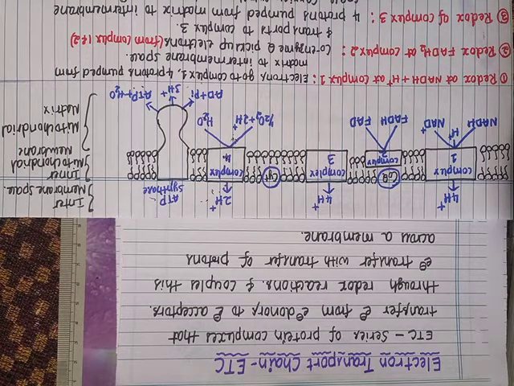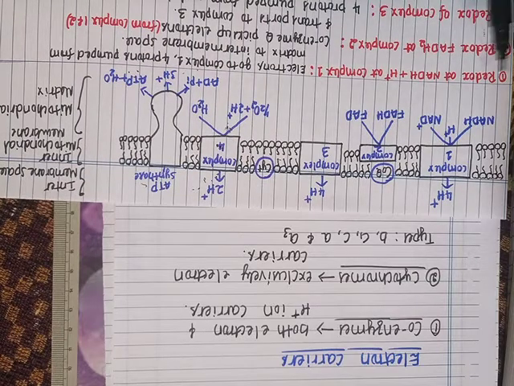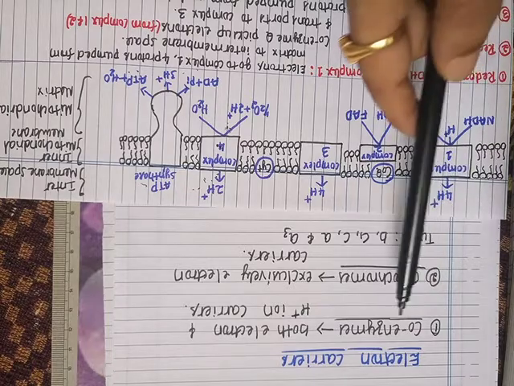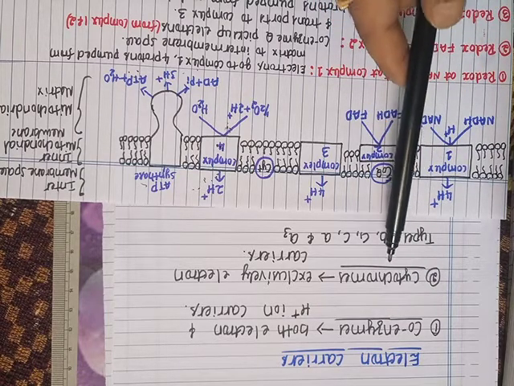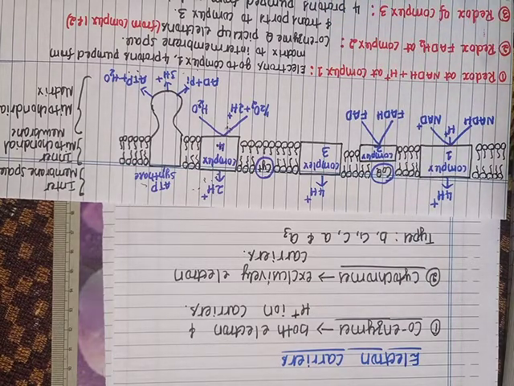Next, let us see the electron carriers involved in the electron transport chain. Generally, coenzymes and cytochromes are involved in the transportation of electrons and protons.